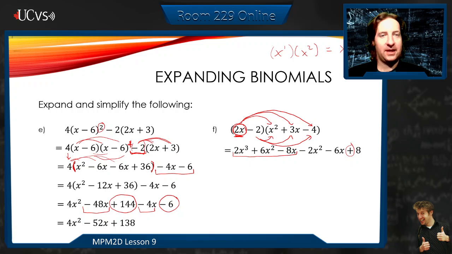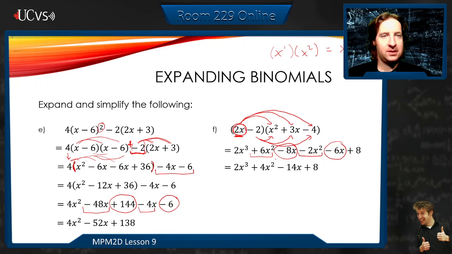And now, since we have it all written out in this expanded form, you can see that we have 6x squared, and we have negative 2x squared. Then I also have negative 8x, negative 6x. So I can collect those like terms, which gives us a final answer of 2x cubed, because that was the only cubic term.